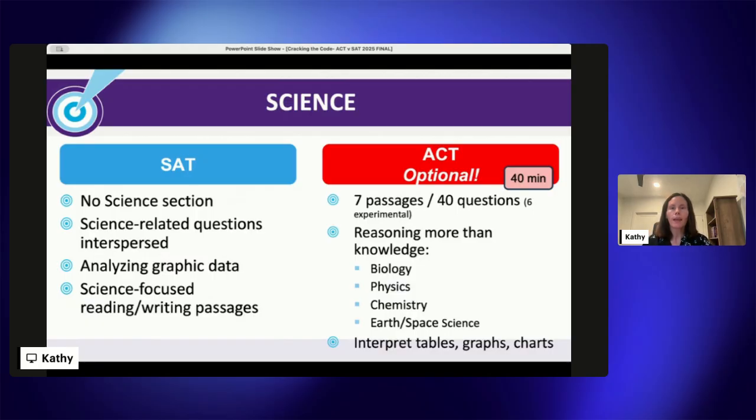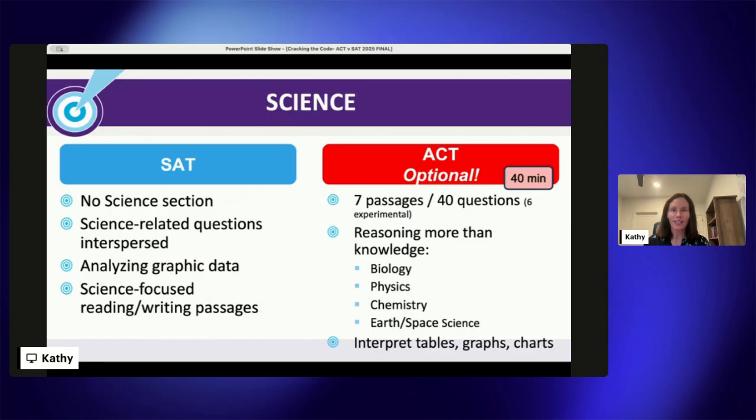All right, so now let's talk about the science section and give you some insight, at least for what we know as of right now, about whether or not you should take the science section. So let's first of all start with the SAT. The SAT has never offered a science section, but they intersperse questions that have you use science-based skills to answer them, such as analyzing graphic data, or perhaps in a reading passage.